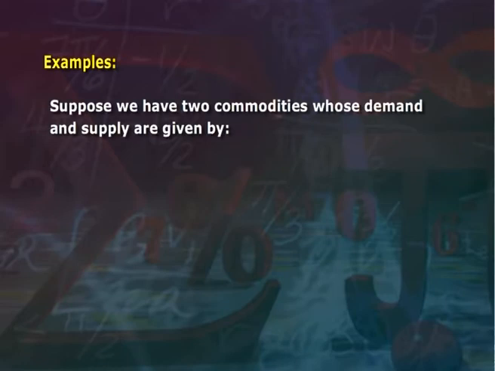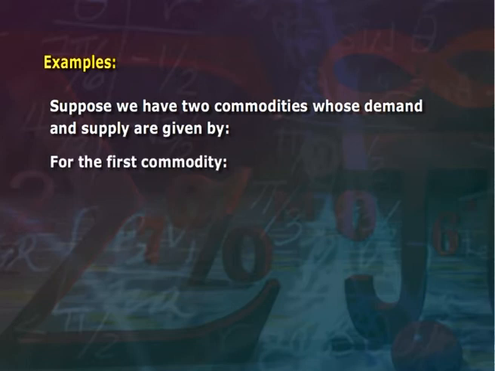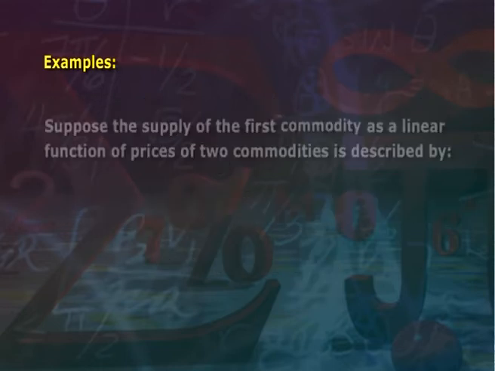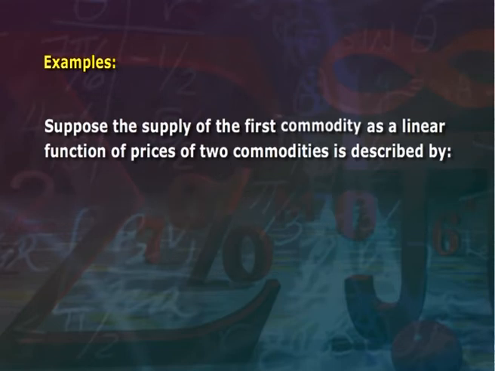The demand of the first commodity as a linear function of prices of two commodities is described by QD1 equal to A2 P2 plus A1 P1 plus A0. Suppose the supply of the first commodity as a linear function of prices of two commodities is described by QS1 equal to B2 P2 plus B1 P1 plus B0.